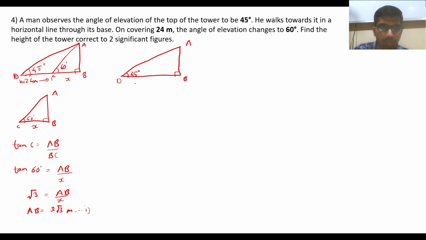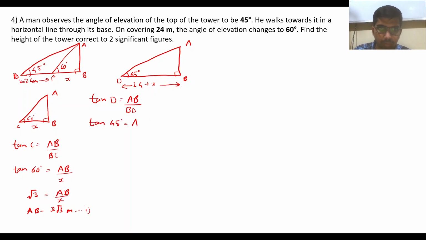So now this full length is how much? 24 plus x is the full base now. Now apply tan D formula. So tan D is what? Opposite side upon BD. So tan 45.